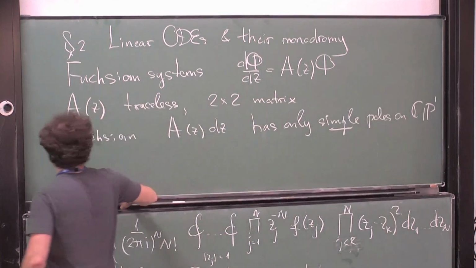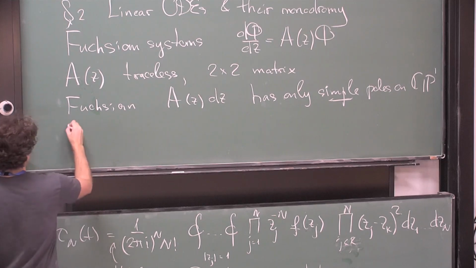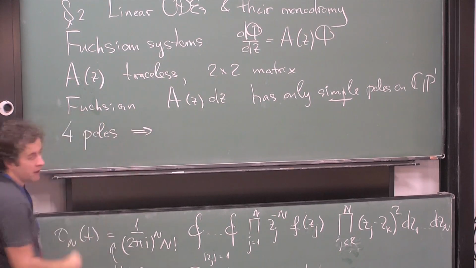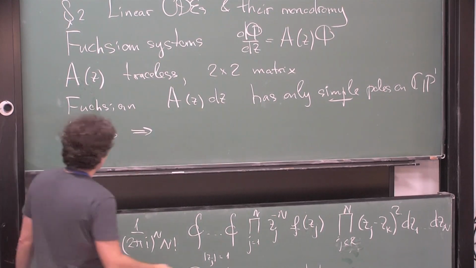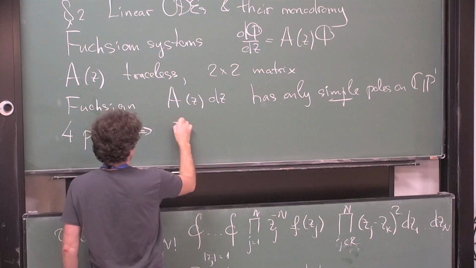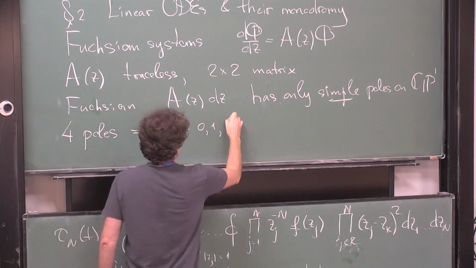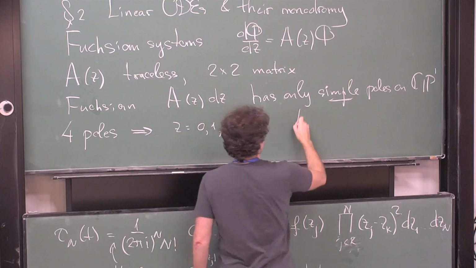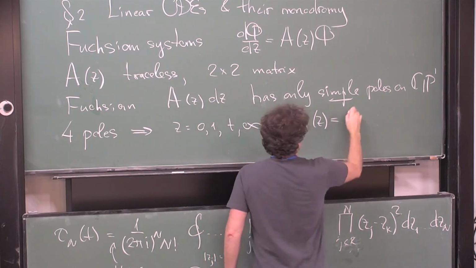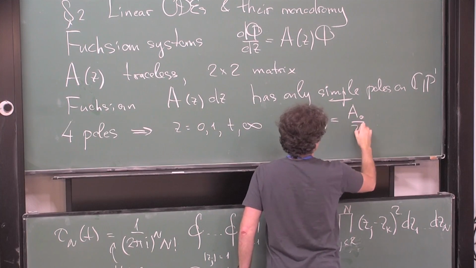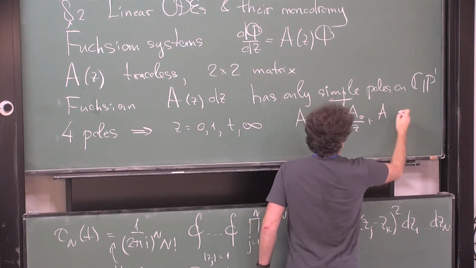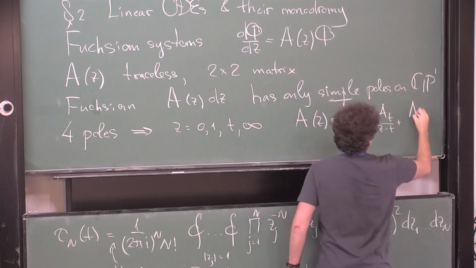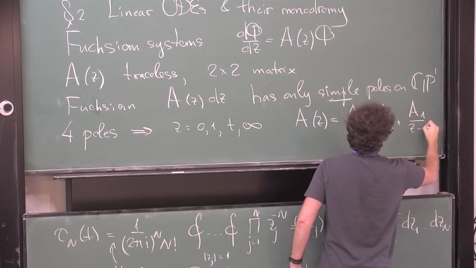And, well, the simplest non-trivial case of this story corresponds to 4 poles that we can trace by a suitable Möbius transformation to 0, 1, t, and infinity, which means that our matrix A of z will be of the following simple form: A0 over z plus At over z minus t plus A1 over z minus 1.